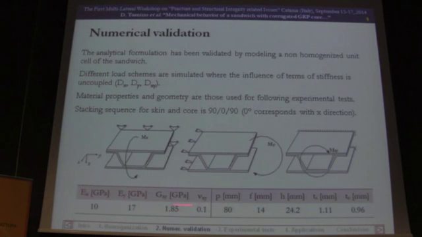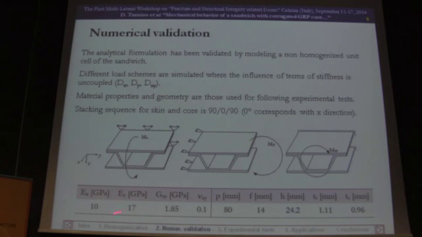In particular, these are the elastic constants of the material. You see that it is a 90-0-90. The stacking sequence is symmetrical, and is a 90-0-90, where the 0 degrees corresponds to this direction, the direction of the axis of the corrugated core.